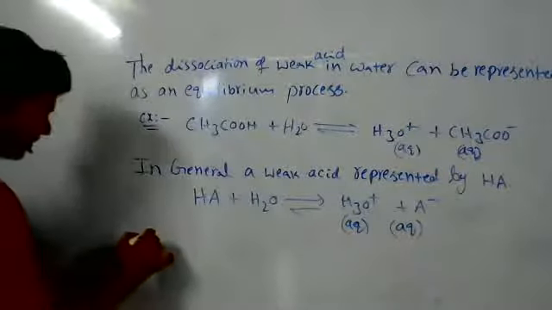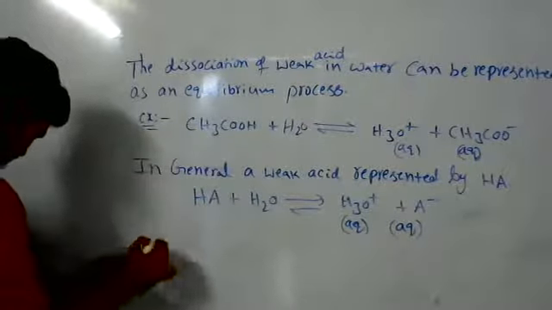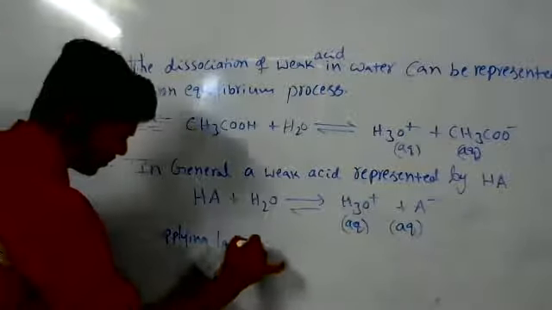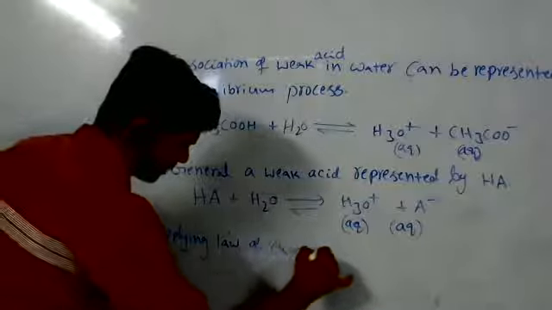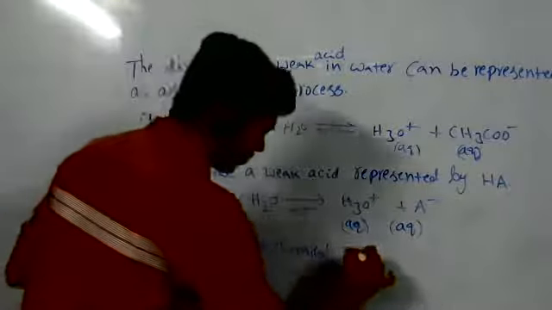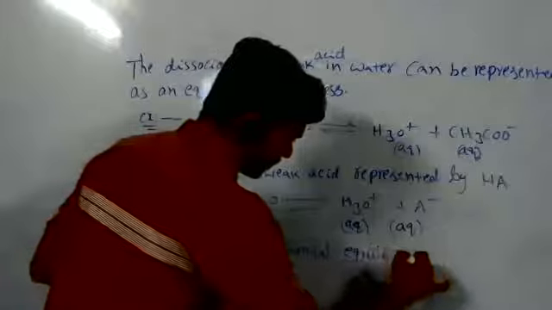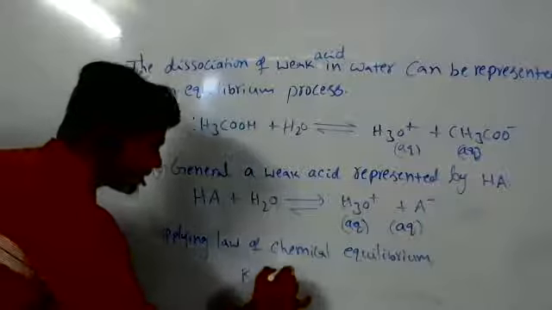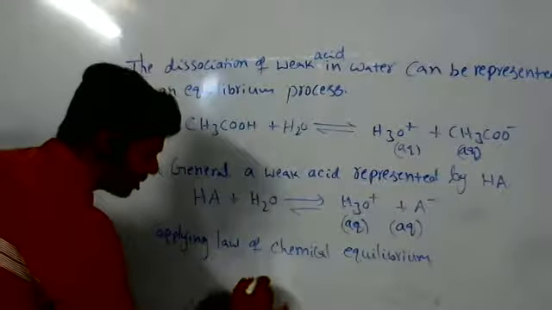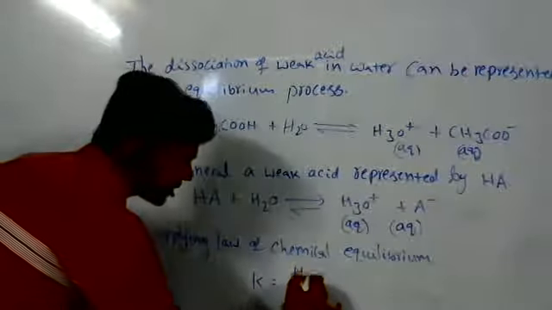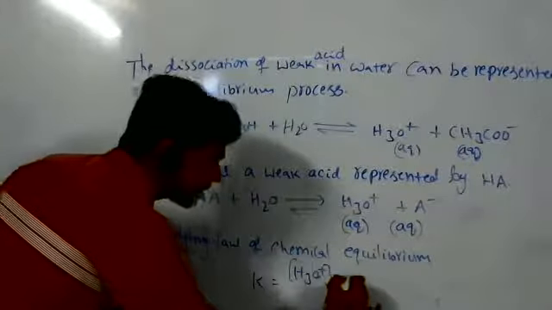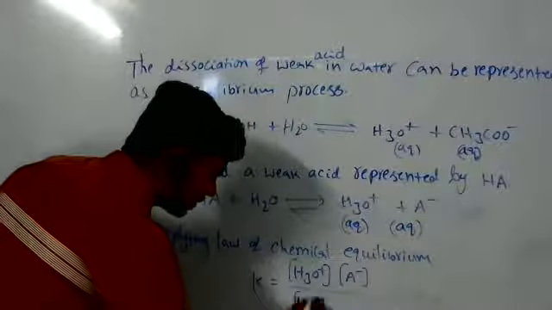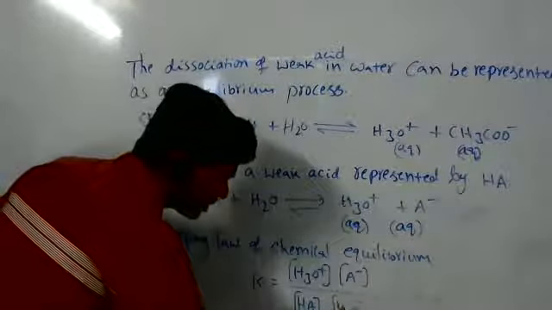Apply the law of chemical equilibrium. K is equal to concentration of H3O plus into concentration of A minus divided by concentration of HA into concentration of H2O.